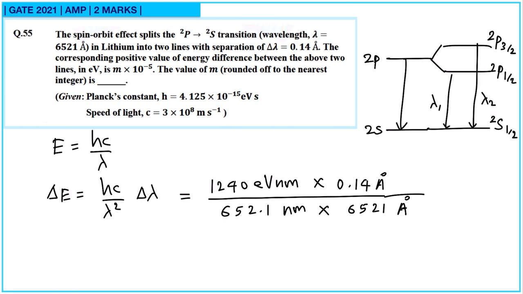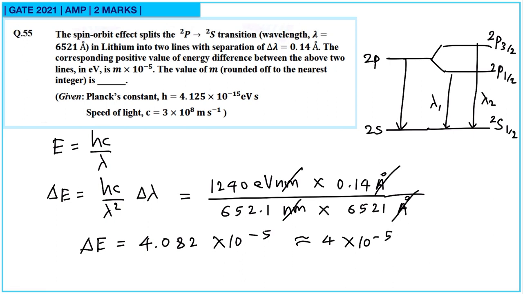I have converted one value into nanometer because I want to cancel it, so angstrom and angstrom will also cancel and the answer will be in electron volt. So delta E is equal to 4.082 into 10 to the power minus 5. Rounded off to the nearest integer, it will be 4 into 10 to the power minus 5. So the value of m will be 4.